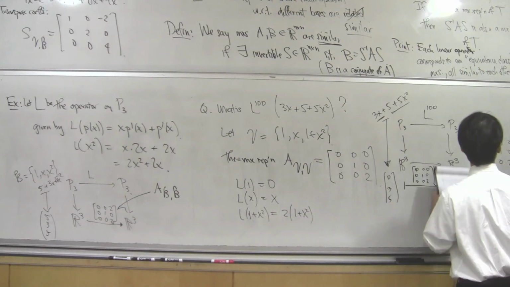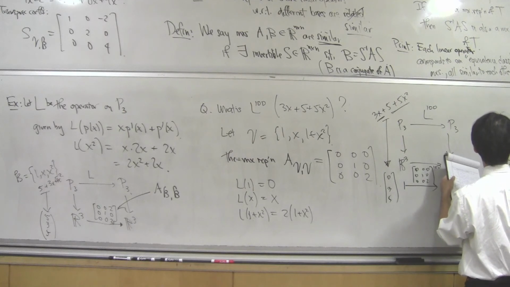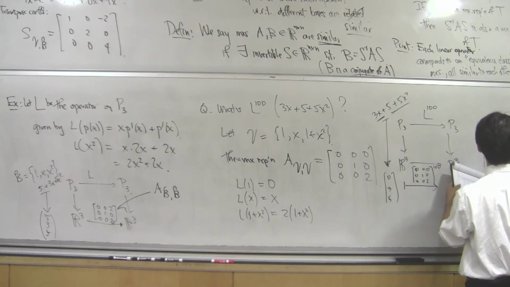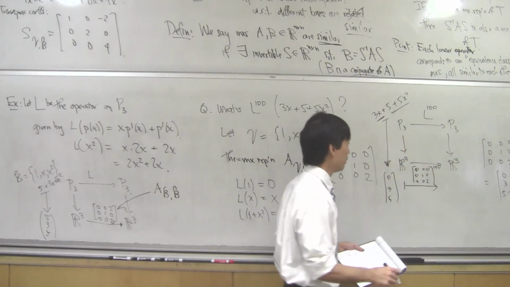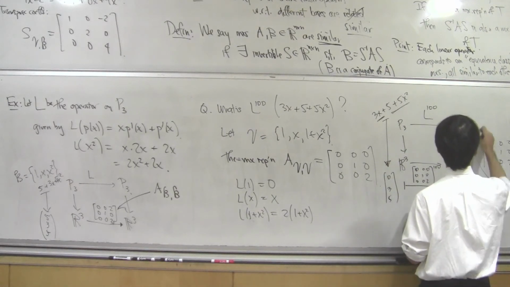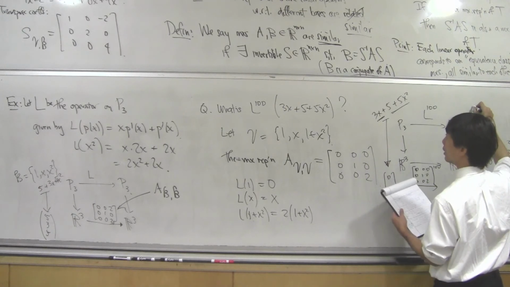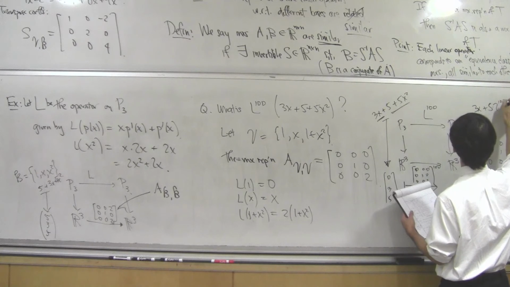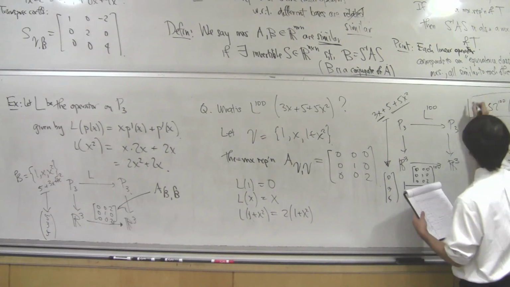And so we end up with 0, 3, 5 times 2 to the 100. And so that corresponds up here to 3x plus 5 times 2 to the 100 times (1 plus x squared). And so that's the answer.